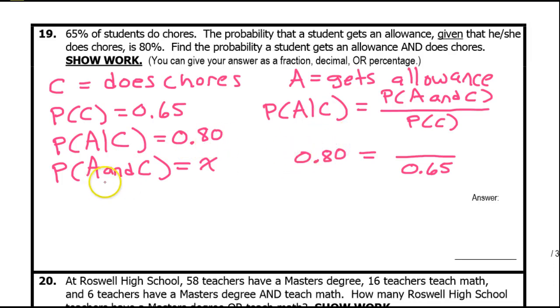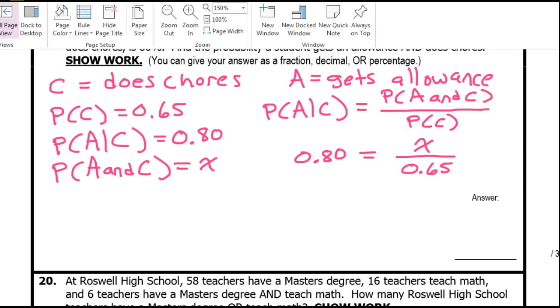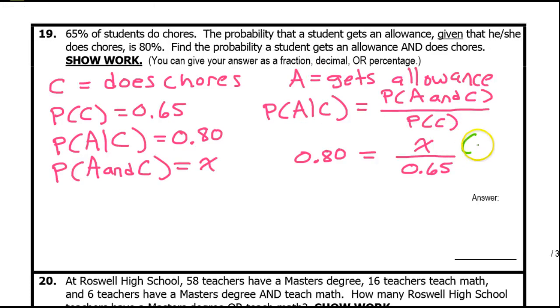And we're looking for the probability of A and C, so I'm just going to put an X up there. So I just need to solve for X, and the way I solve for X is by multiplying both sides by 0.65, because that way these will cancel each other out.